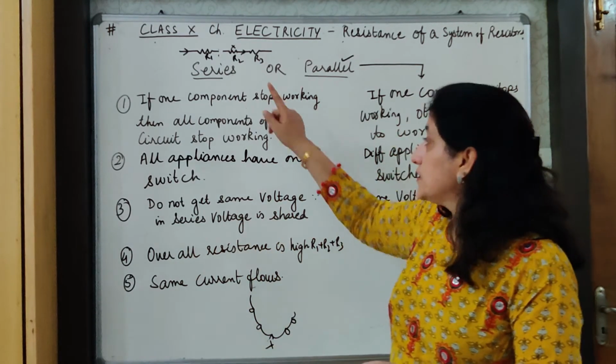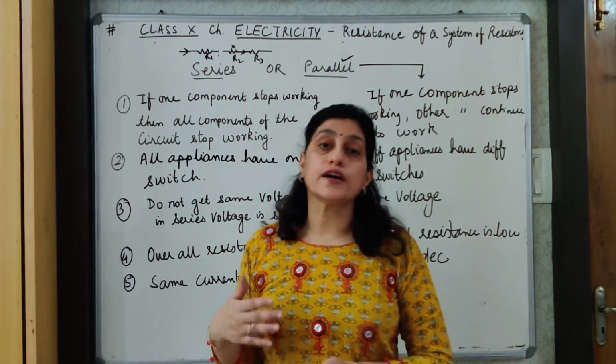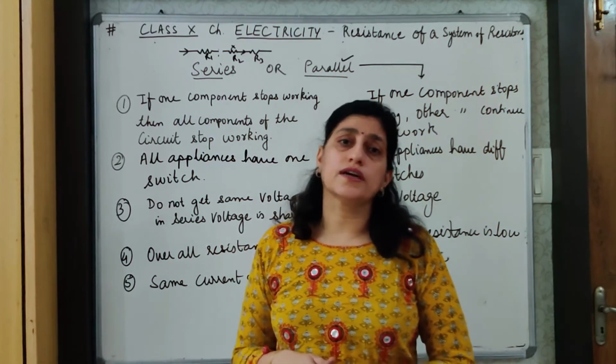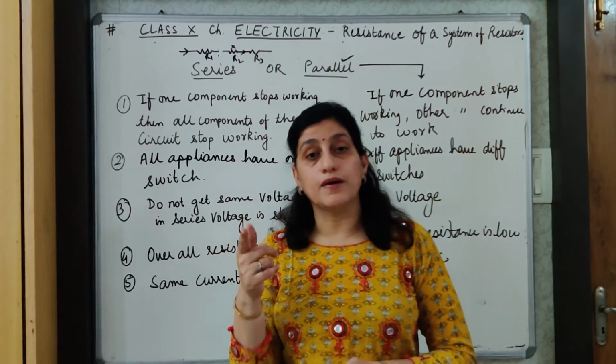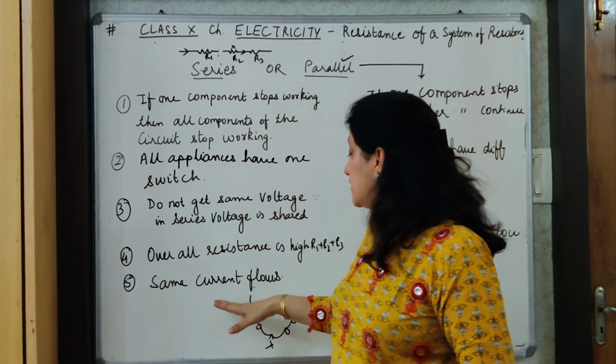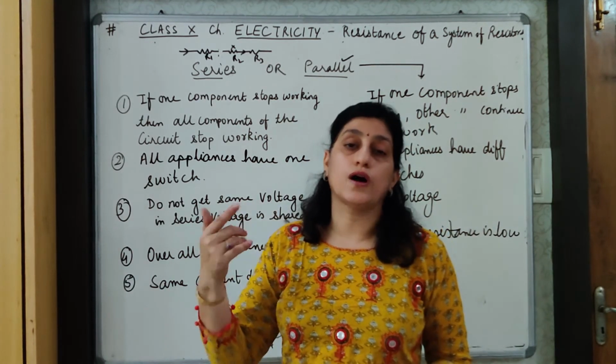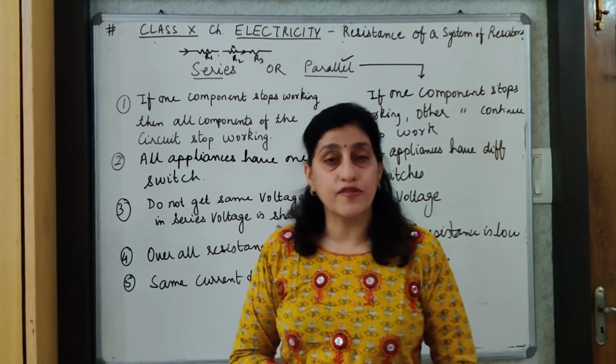And lastly, in series, same current flows. Different appliances have different current requirement. Do you think the current requirement of an AC and a bulb is same? No. Therefore, when connected in series, all will get the same current and appliances which require higher current will not be able to function.